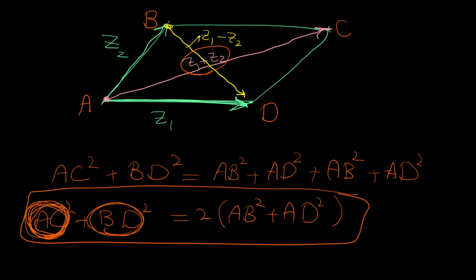As you can see, the identity that we proved in complex numbers is basically the simple fact in geometry, and it is related to a parallelogram.